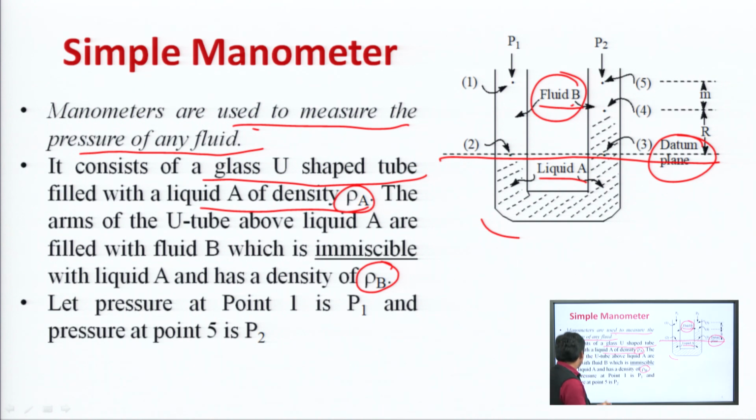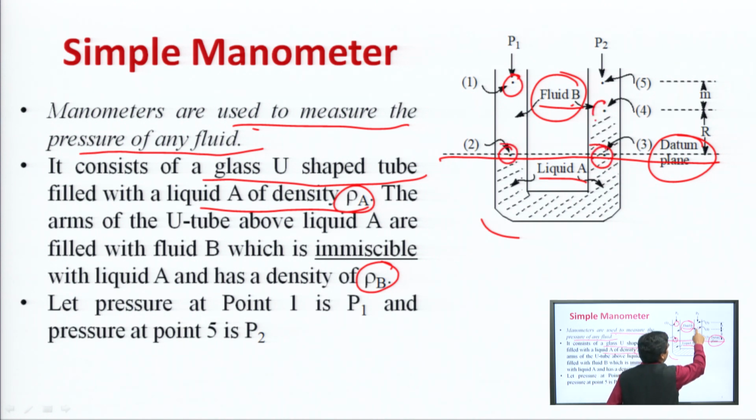Okay. I think this much is clear to you. Now, if you again look into this diagram of the simple manometer, there are 5 points: point number 1, point number 2, point number 3, point number 4 and point number 5. All 5 points have different pressures.